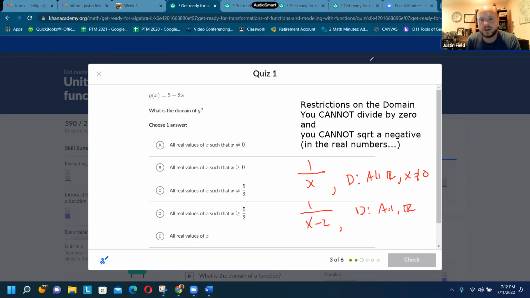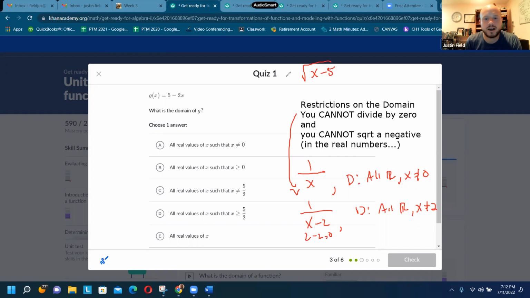All real numbers. But this time x cannot be 2, because if I put 2 there, it would make 0 in the bottom. So that's the first one, where you can't have 0 in the denominator. The second one is the square roots.